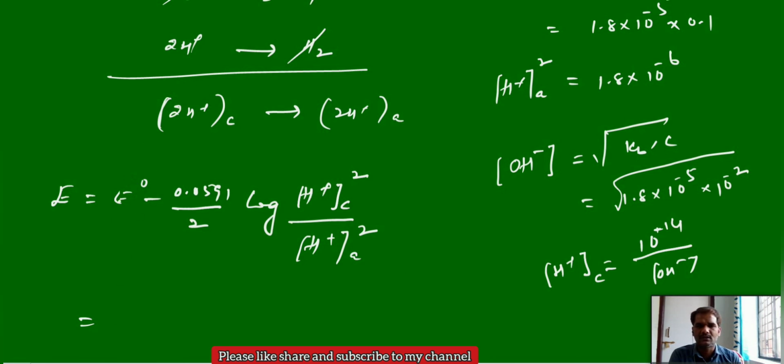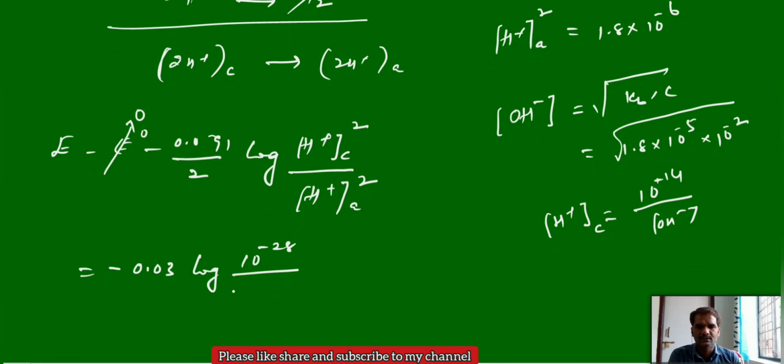E naught is 0 since it is an electrode concentration cell. So this is minus 0.06 by 2, which means you can take 0.03, times log of the cathode value, that is (10 power minus 14) squared, which is 10 power minus 28, divided by the OH minus concentration squared, 1.8 into 10 power minus 5 into 10 power minus 2, into the anode concentration, which is 1 by 1.8 into 10 power minus 6.